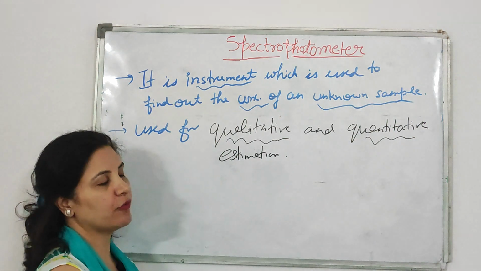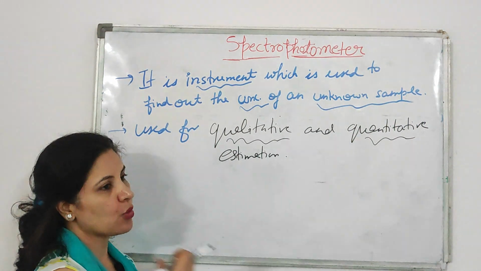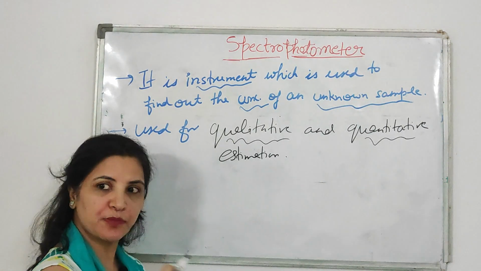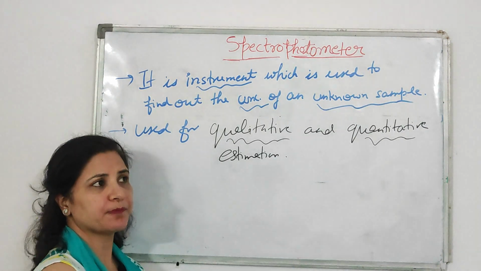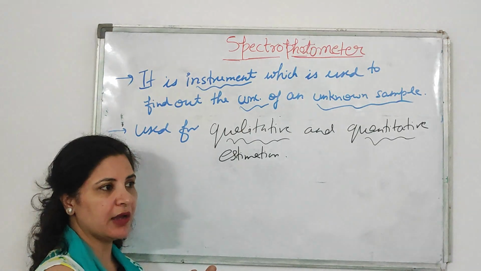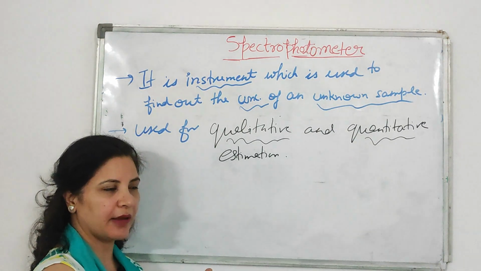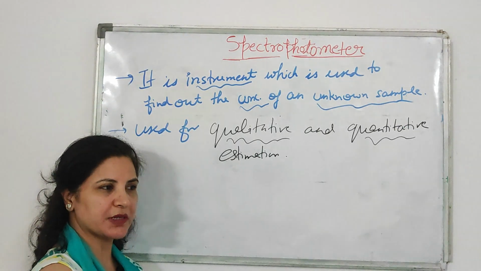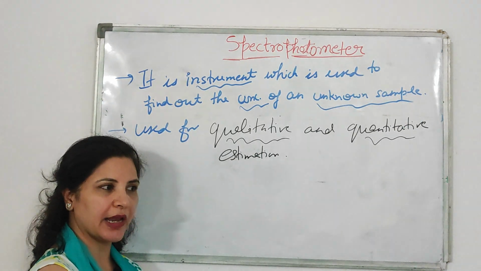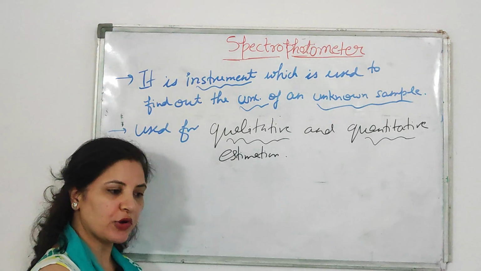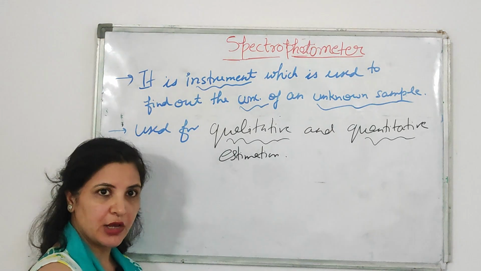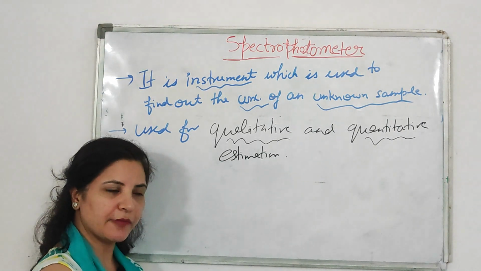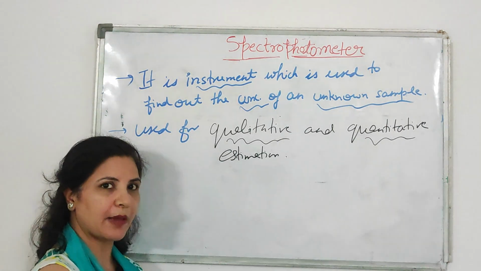Do you have any idea what qualitative and quantitative mean? Qualitative means whether a particular substance is present or not. Suppose you have a sample which is a mixture of substances, like sugar and protein, and you want to specifically measure the sugar in that solution. That is qualitative. By this you can find out whether sugar is present in that unknown sample or not.